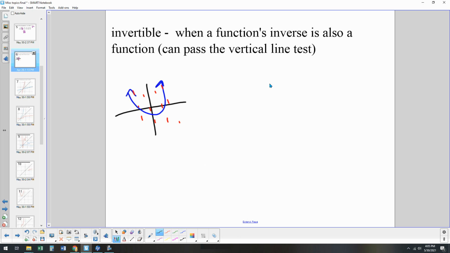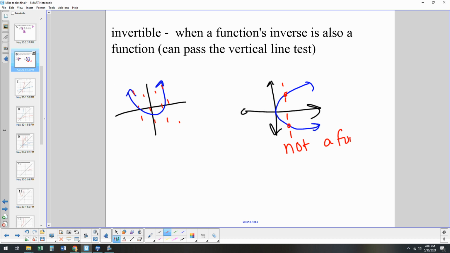And there are some graphs where, when I graph the vertical lines, they hit the graph twice. So this is not a function because it doesn't pass the vertical line test.